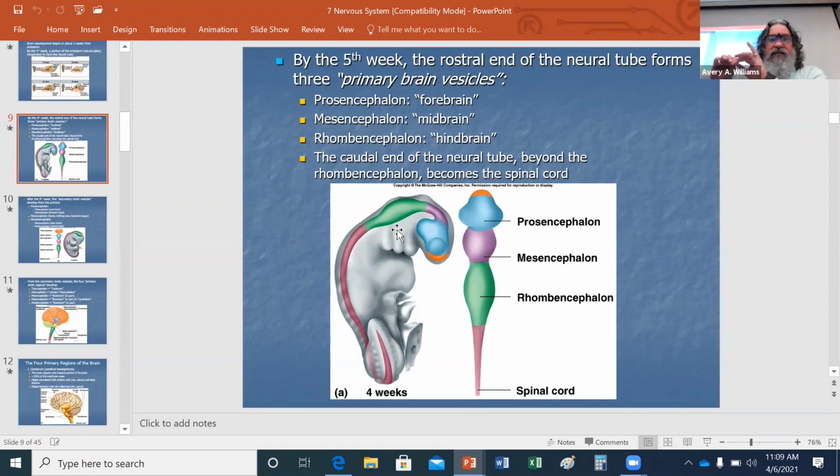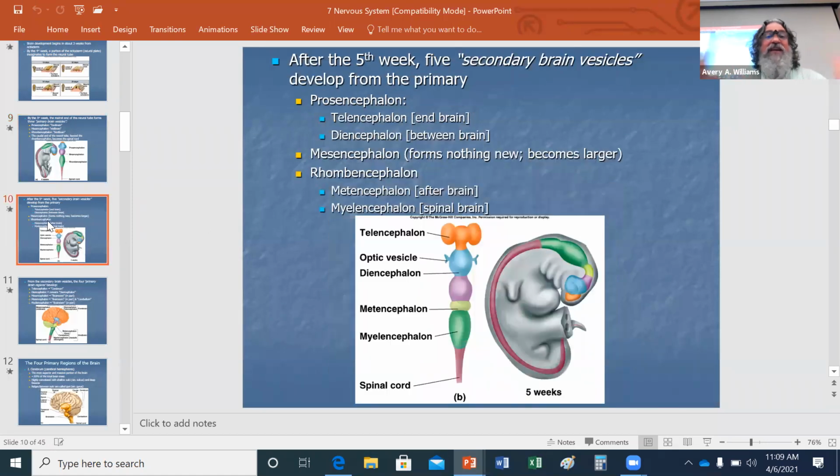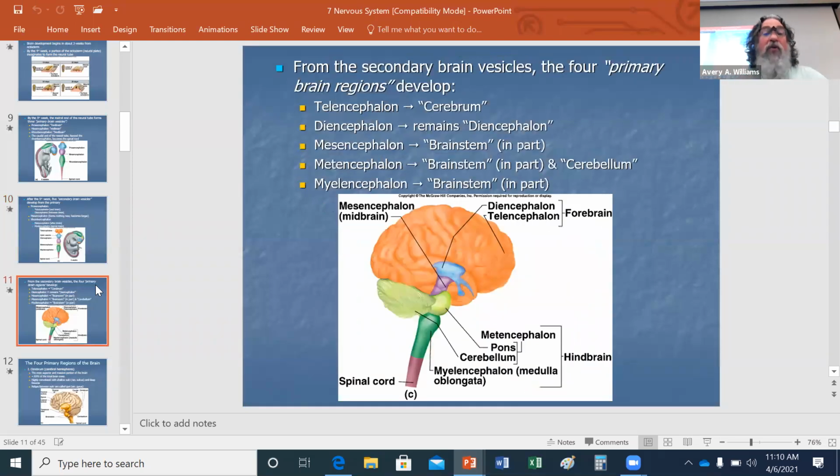On one end, that straight tube forms these three primary brain vesicles: the prosencephalon, the mesencephalon, and the rhomencephalon. Those are the three primary brain vesicles. And from those three, you get the 5 secondary brain vesicles, okay? And from the 5 secondary brain vesicles, you get all the adult parts of the brain.